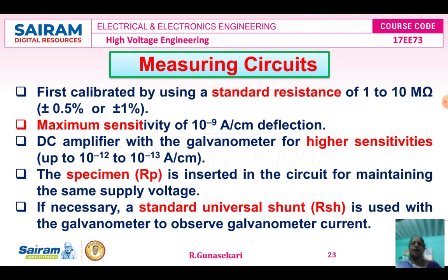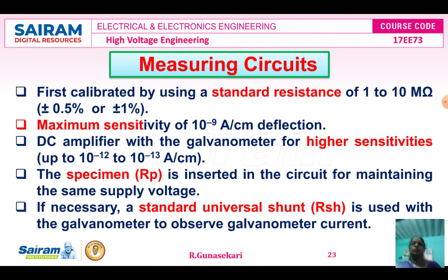Why is the DC amplifier connected with the galvanometer? For higher sensitivity measurements. The sensitivity range is up to 10 to the power minus 12 to 10 to the power minus 3 ampere per centimeter. The specimen, denoted by RP, is inserted in the measuring circuit while maintaining the same supply voltage.